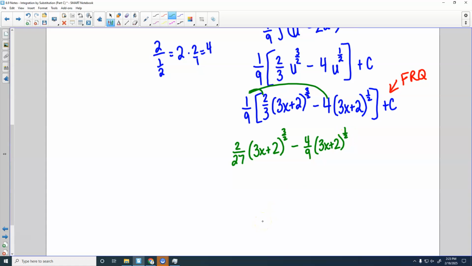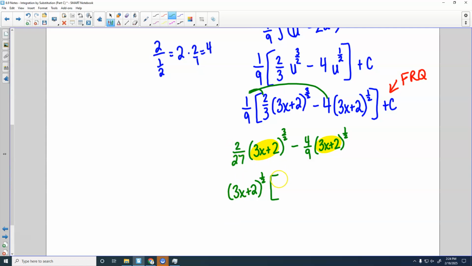We did this some when we were simplifying derivatives. Here, with the 3x plus 2, you can factor out the term that has the lowest exponent. So where these two match, we can factor out the term with the lowest exponent, which would be (3x plus 2)^(1/2).